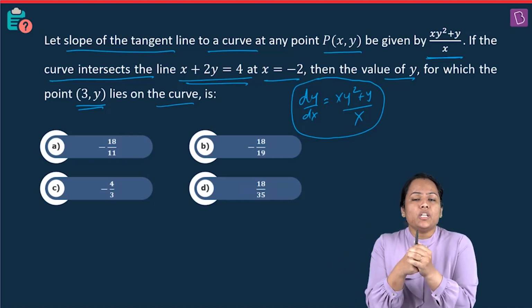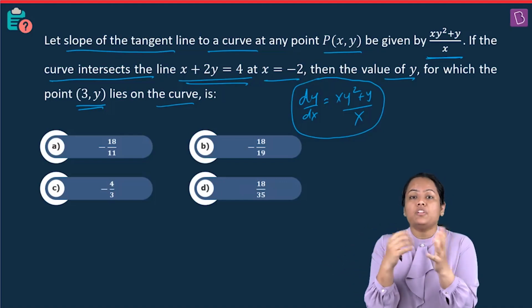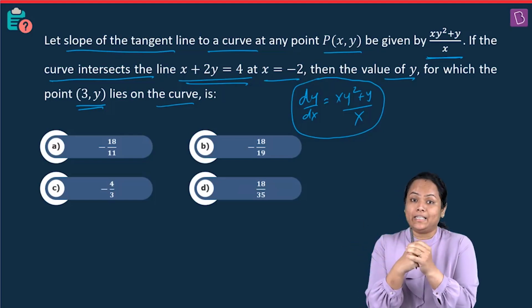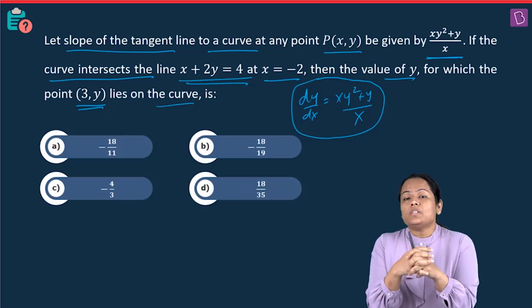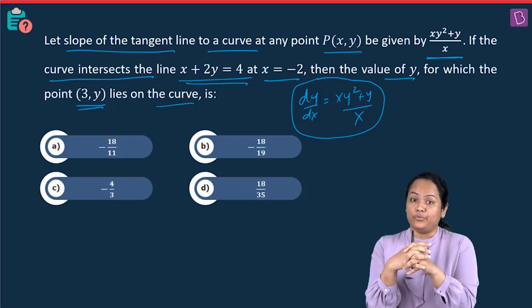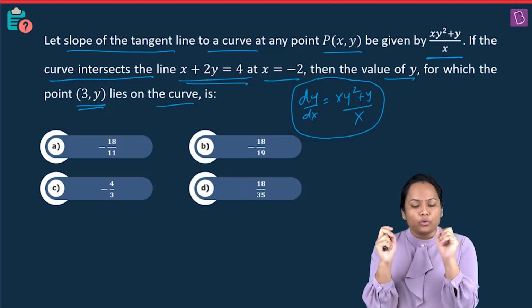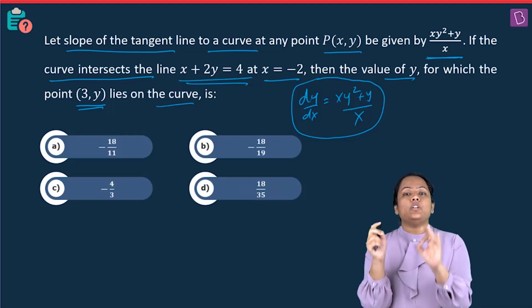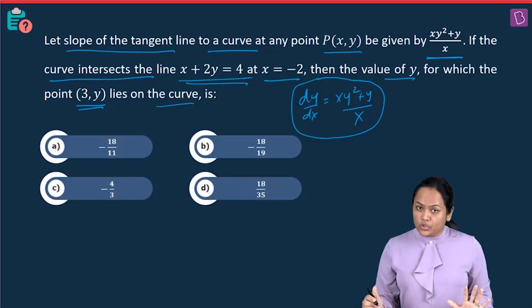What is an exact differential equation? Well, the differential equations which can be directly integrated, or you can also say a differential equation which is obtained by directly differentiating the curve. Okay, so I'll tell you both the approaches. I will first tell you how to convert this into a linear differential equation.